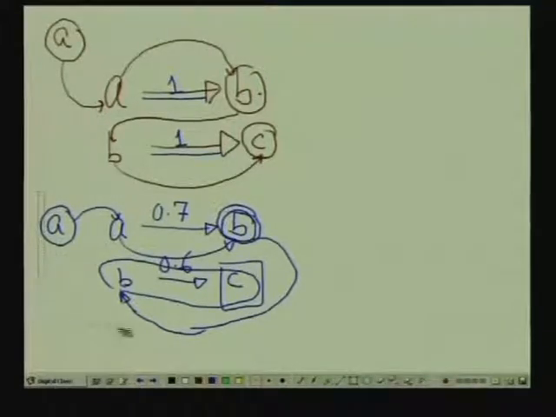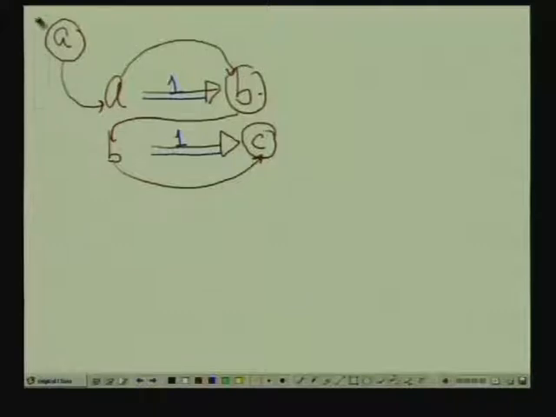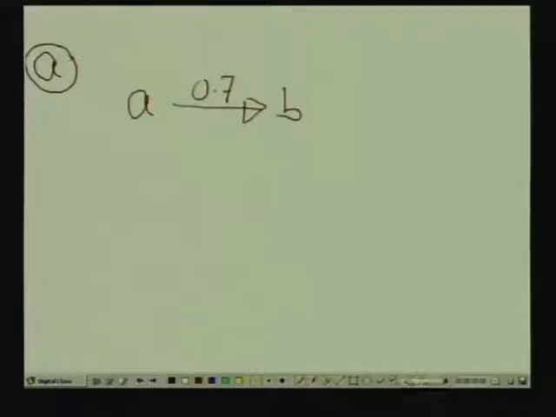Now, let us take another scenario. That A implies B, the strength of belief is 0.7 and A is known with some uncertainty here. I am sorry, this part is not visible.